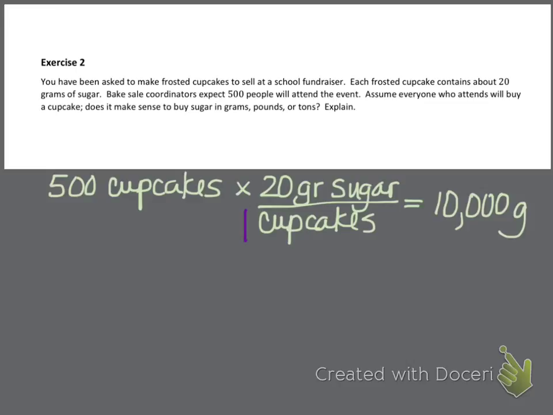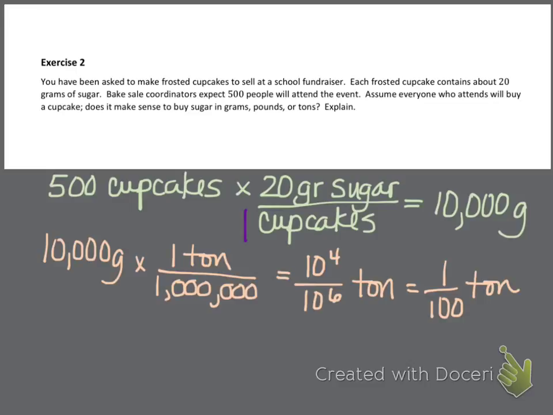And so I was asked to talk about grams, pounds, or tons. 10,000 grams is a little hard to wrap my brain around, especially since I don't know the metric system. And so I converted it into tons. So it is 1 over 10 squared, or 1 over 100 tons. 1/100th of a ton, which also has no meaning to me. I can't quite picture that.